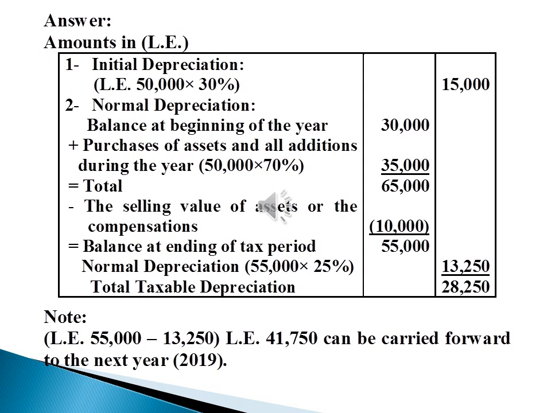Note: the remainder of the ending balance minus the normal depreciation calculated on the depreciable base, 41,750, can be carried forward to the next year, year 2019.